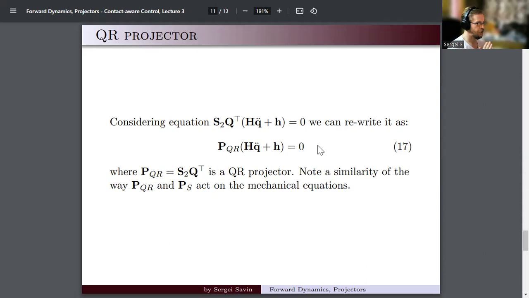So those two projectors, there are three, but the third projector is, I think, just a variation on the first one, so I didn't want to put it here. Those two projectors are a way to write constraint dynamics in a way which is exactly the same as the non-constrained dynamics, right? And this is going to be a theme, like we will see it again and again. Here's just explicit discussion of how to do it, right?